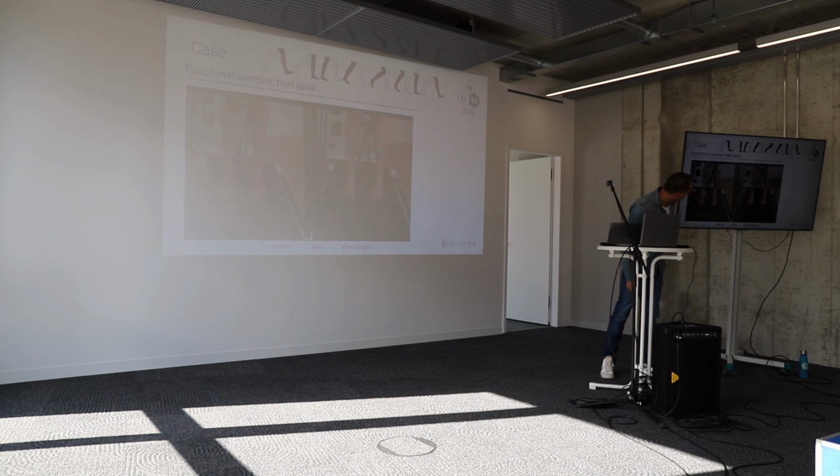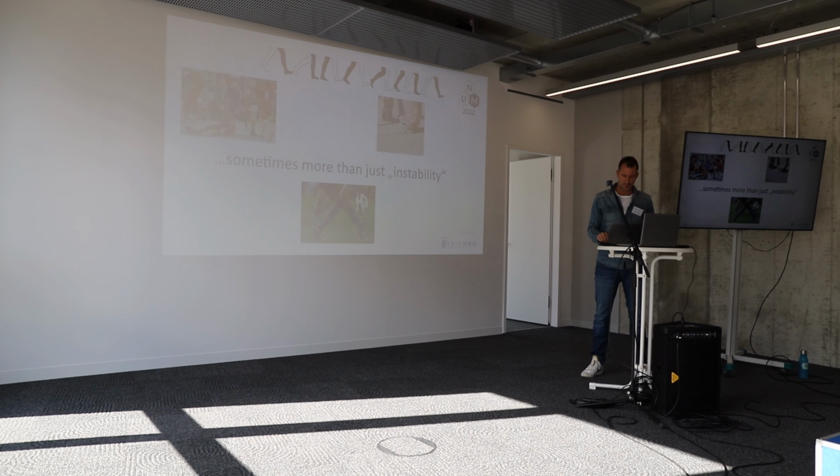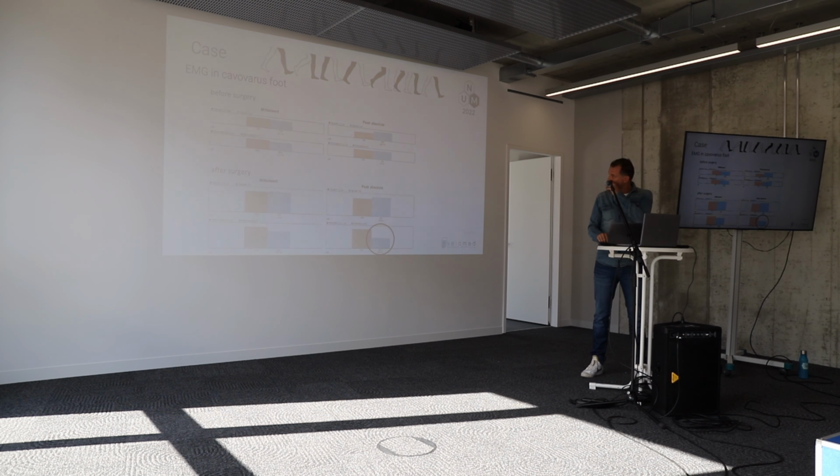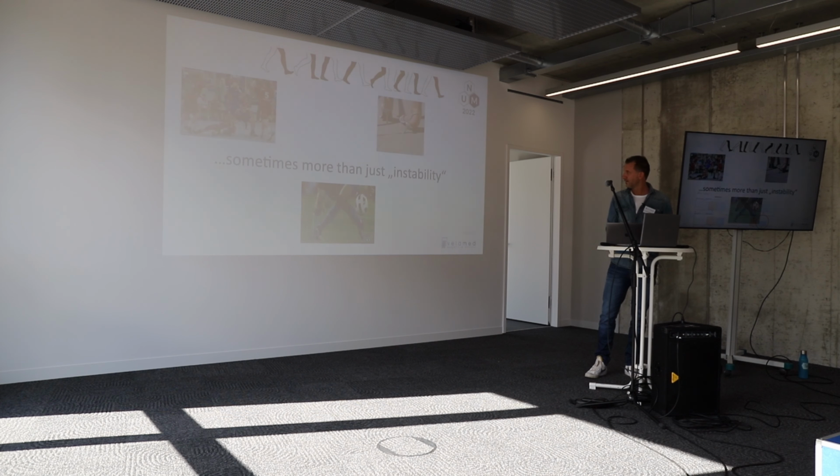You can see here the claw toes struggling, and on the other side, the toes have totally full contact to the floor and a better pressure distribution to the ground. And also in that case, you see the activity of the peroneus muscle was much lower than at the non-operated side and then before surgery.